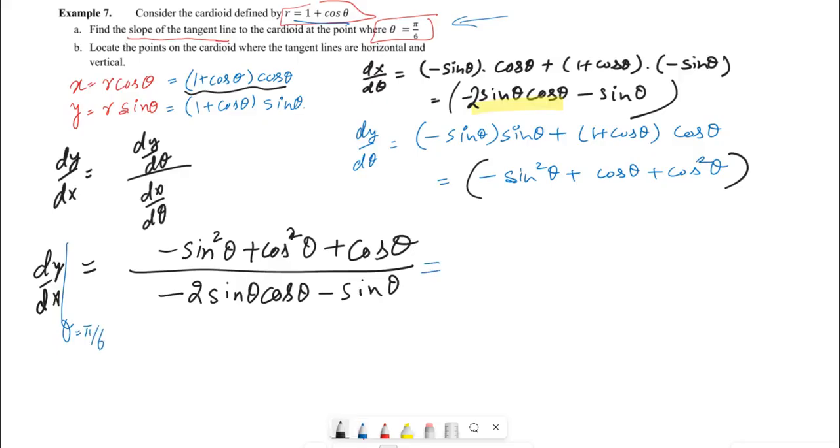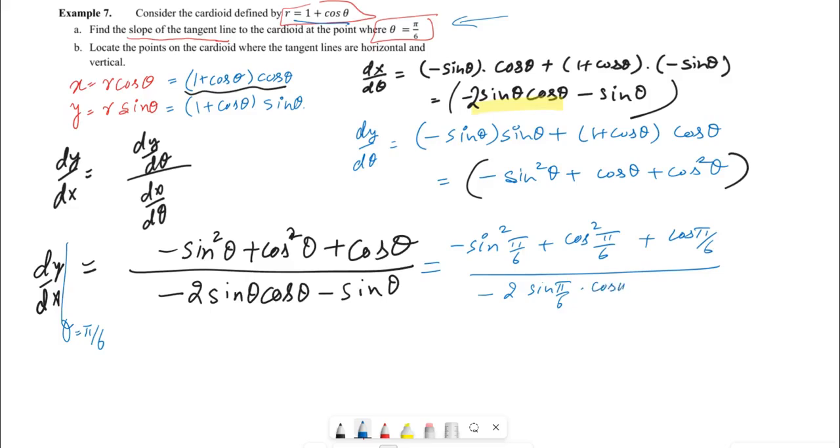So let's do that. Wherever there is theta, I need to put pi by 6. Negative sine square pi by 6 plus cosine square pi by 6 plus cosine pi by 6, divided by minus 2 sine pi by 6 cosine pi by 6 minus sine pi by 6. Okay.